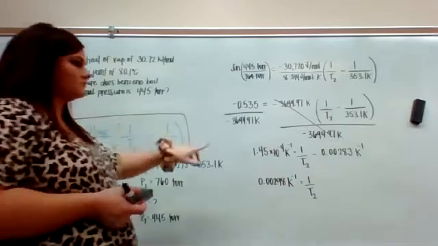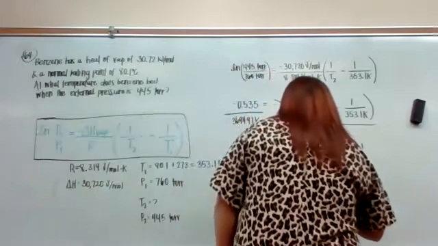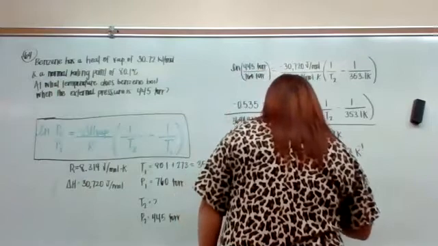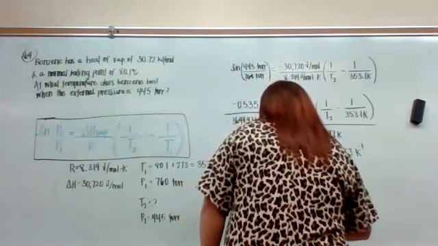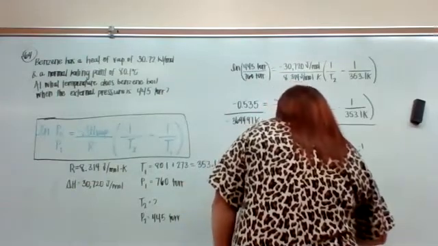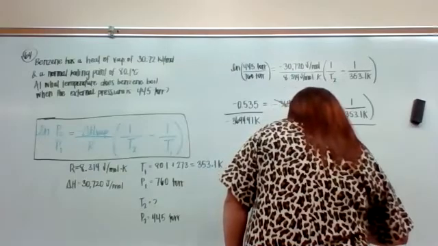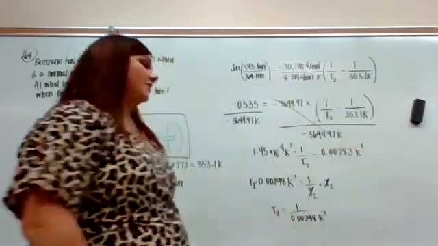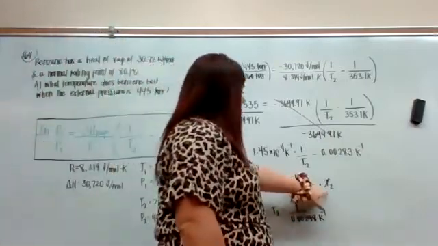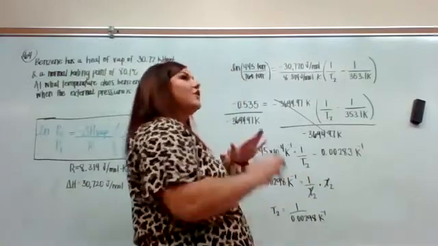So basically what I'm doing is multiplying both sides by T2, then dividing by this to get T2 by itself.